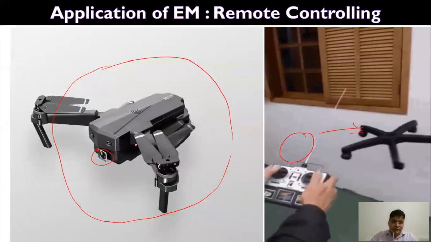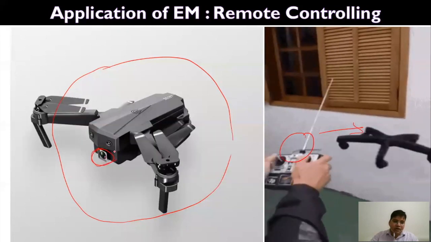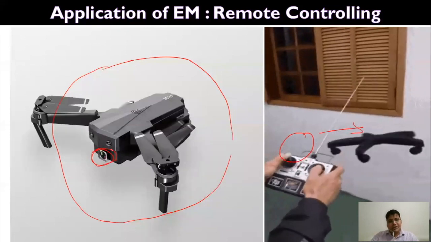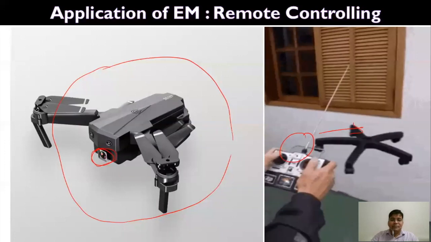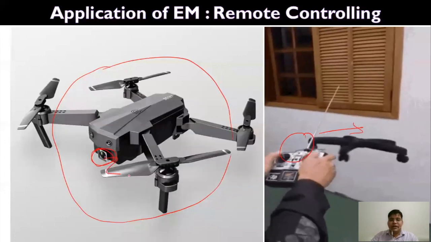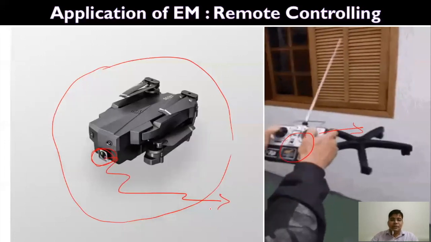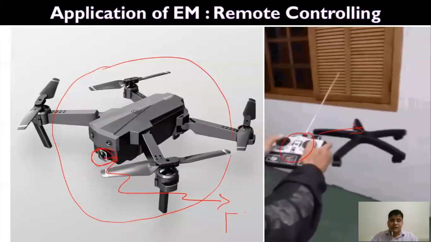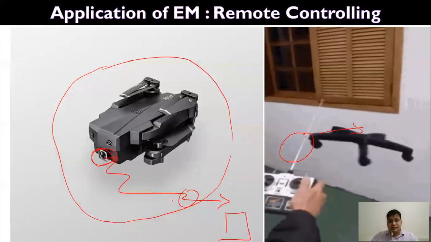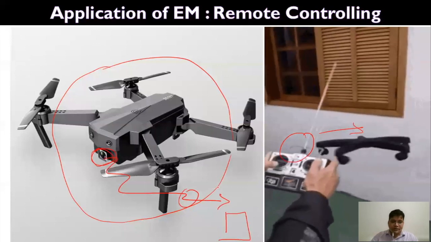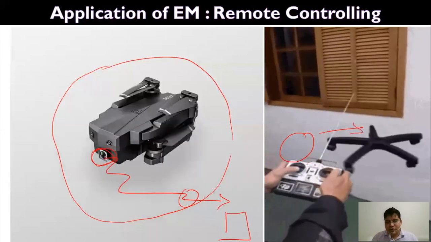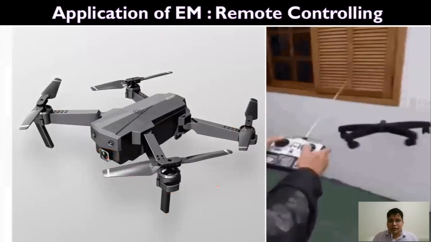And if the camera installed on the drone captures some information, it will again transmit the information towards its hub. So the information is being sent through the electromagnetic waves again. So EM is being used for remote controlling.